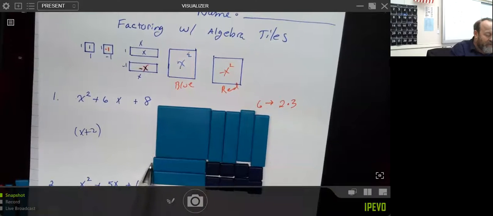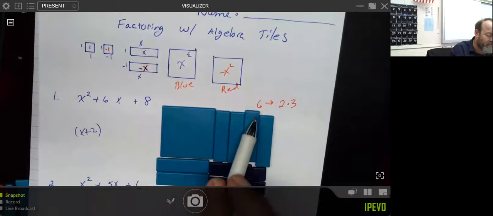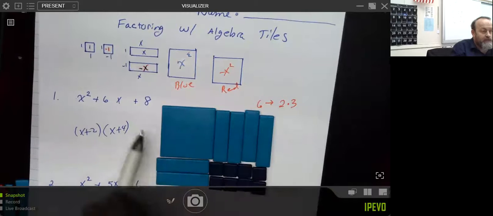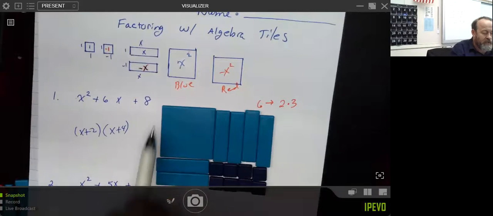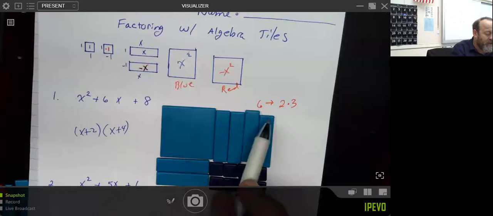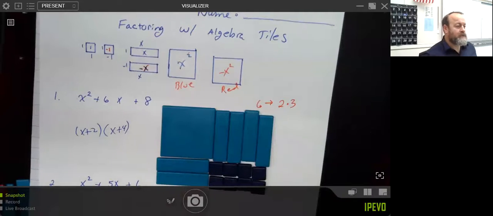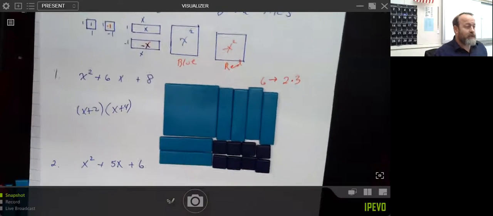And if I took x plus 2, the length, times the width, which is x plus 1, 2, 3, 4, I just found that if I multiply x plus 2 by x plus 4, in other words base times height or length times width, I would actually get this answer, x squared plus 6x plus 8.